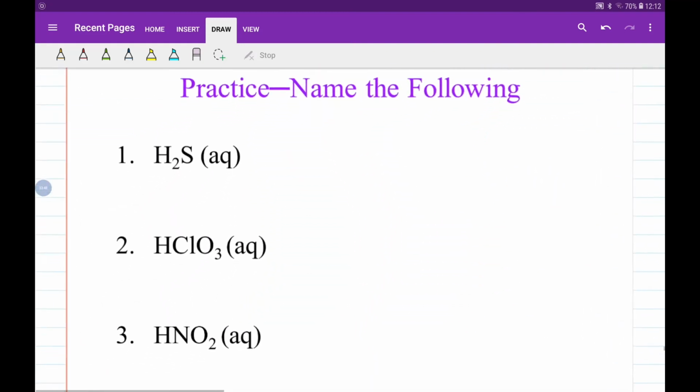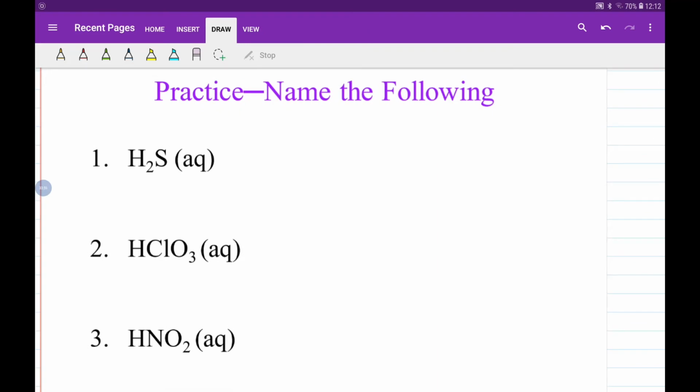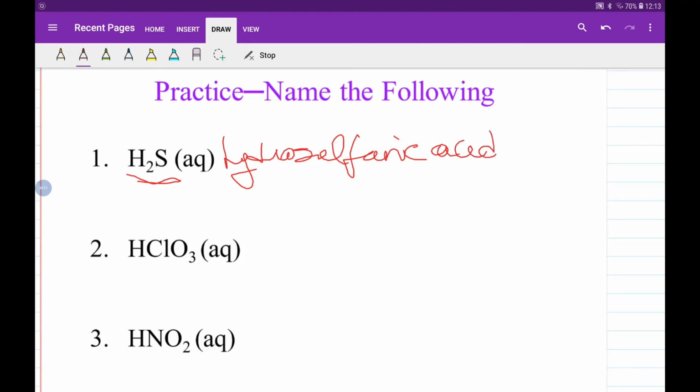Let's see if we can name these acids right here. This first one right here, H2S, we don't have an oxygen. It's not an oxyacid. It's a binary acid. That means we need to use the prefix hydro. So we're going to call this hydrosulfuric acid. This is an oxyacid.